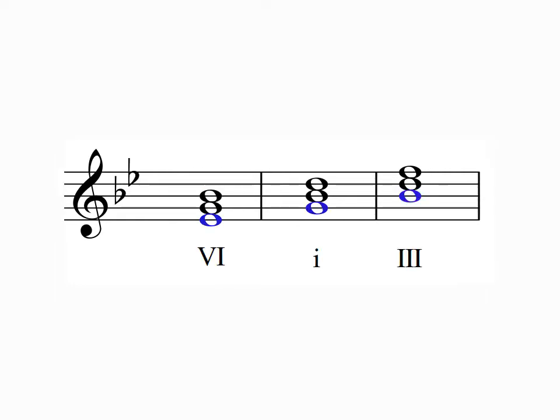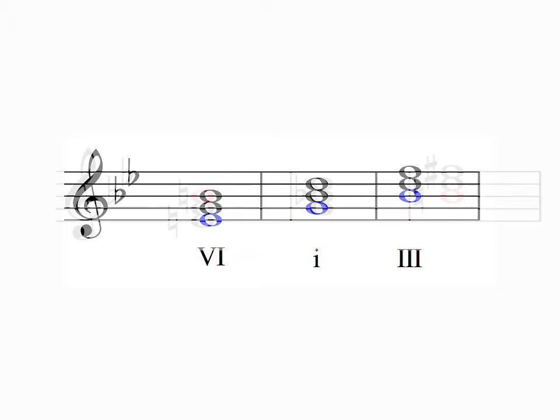Minor triads can also have mediant relationships. Here we have a G minor triad with a diatonic mediant relationship to the 6 below and the 3 above. Note that in diatonic mediant relationships, there are always 2 common tones between triads.